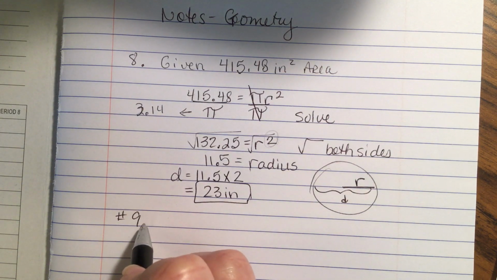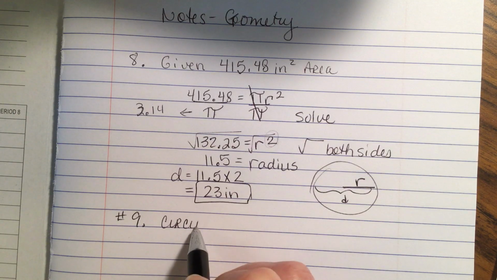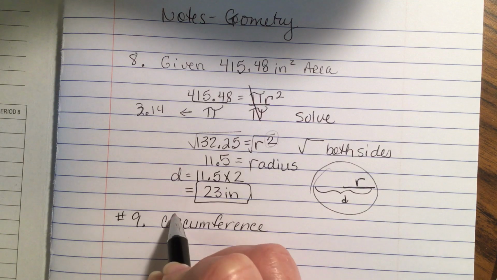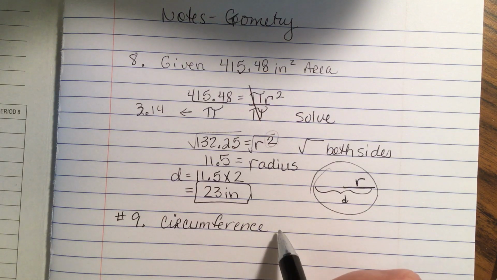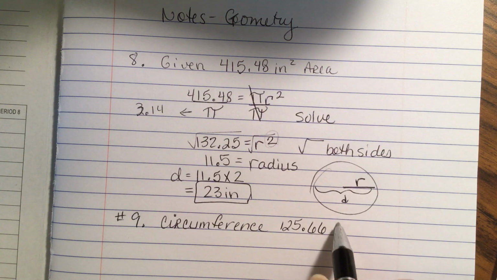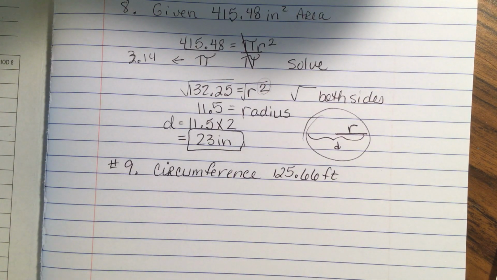For number 9, you're given a circumference. Circumference is like the perimeter of a circle. If it's a circle, we say circumference instead of perimeter. So if this says it's 125.66 feet, we have circumference equal to 2 pi r.